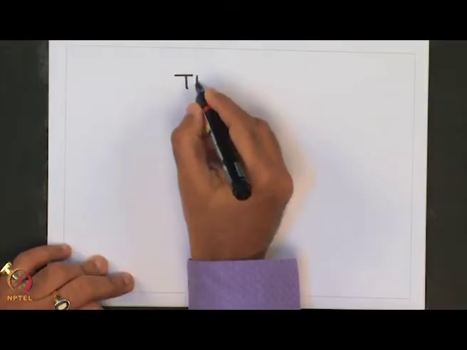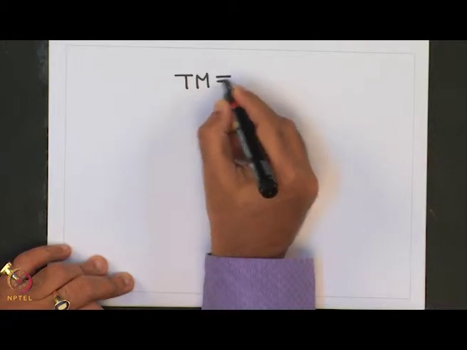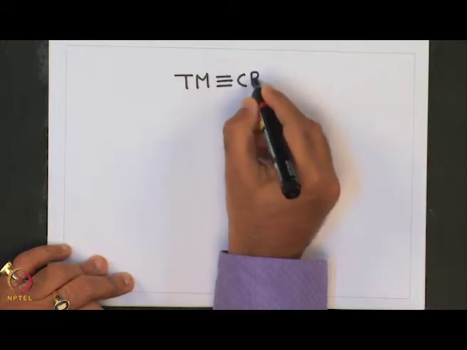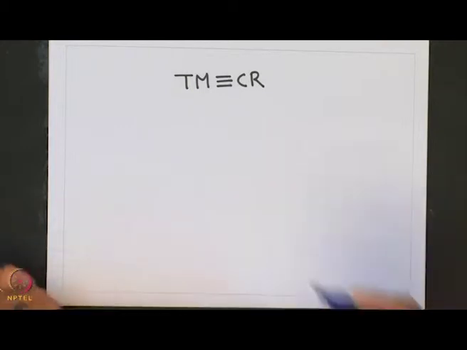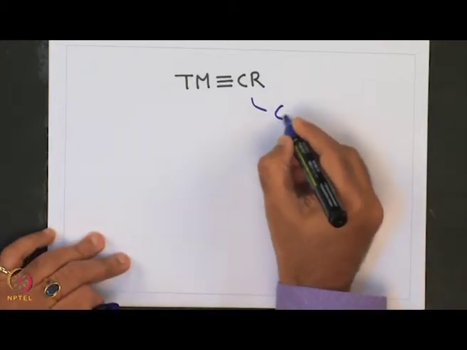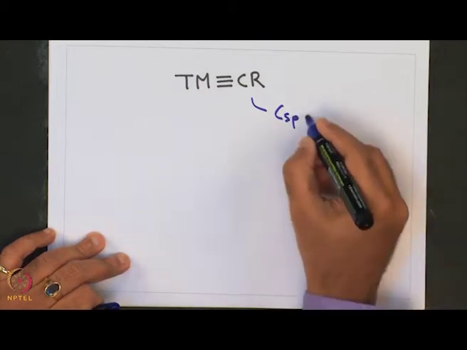We have been covering a very important topic in the last two lectures, that is transition metal carbyne complexes. These transition metal carbyne complexes are a transition metal bonded to a CR moiety, where the carbon is sp hybridized and multiply bonded.